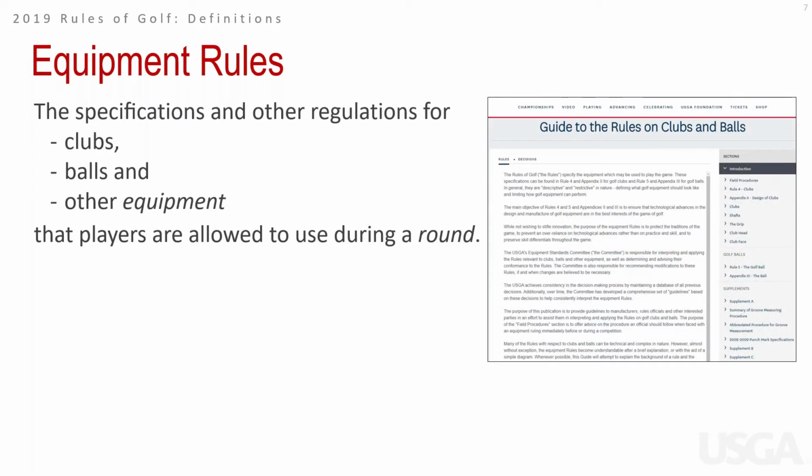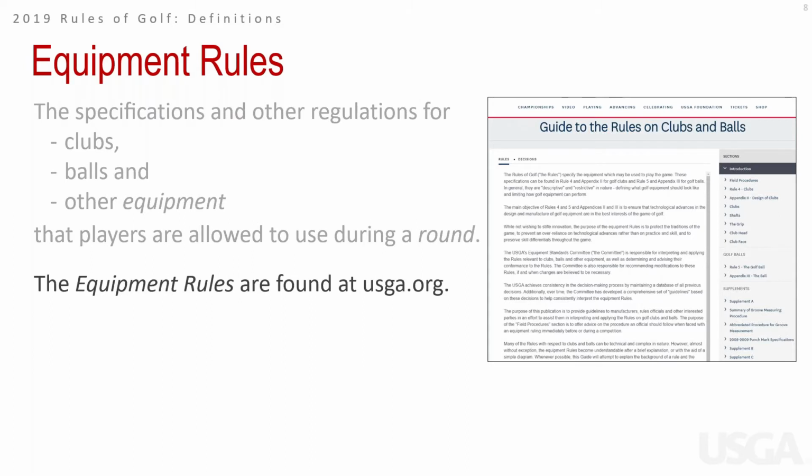And those equipment rules are specifications and other regulations that are used for clubs, balls, and other equipment that players are allowed to use during a round. And these are found on the USGA website. They are not within the Rules of Golf book. They are found at the USGA website.